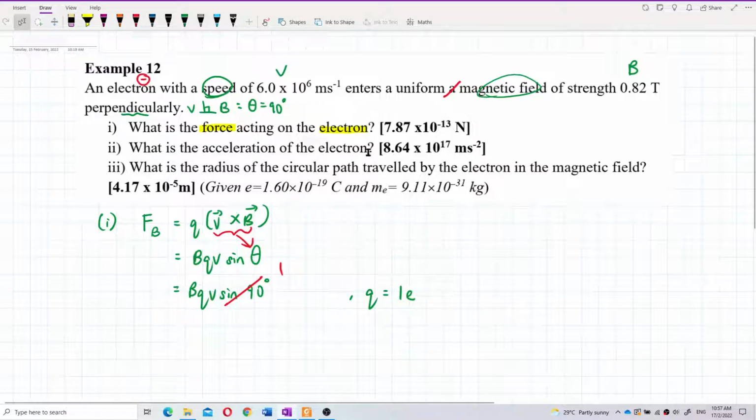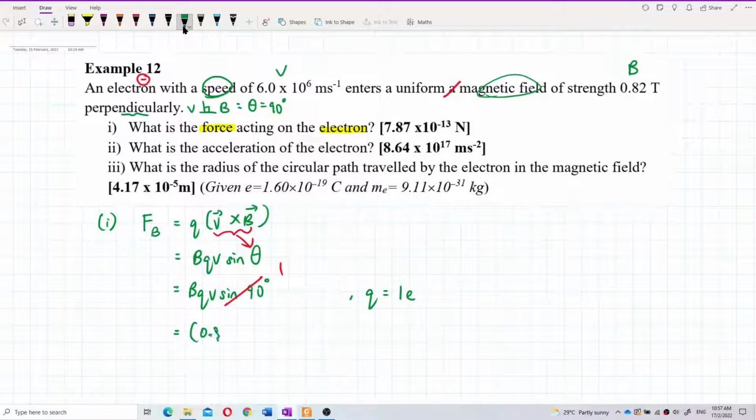The V and B values are also given, so you can find the value of magnetic force. B is 0.82 Tesla, multiply the charge of electron, 1.6 exponent negative 19, and then velocity 6 exponent 6.